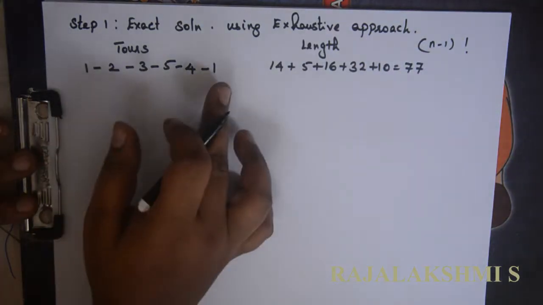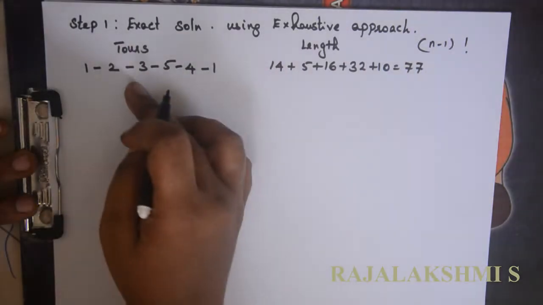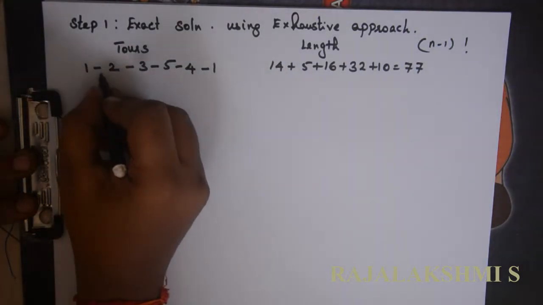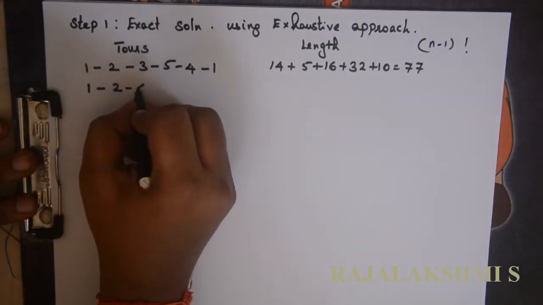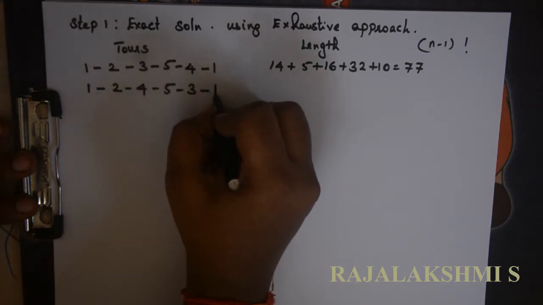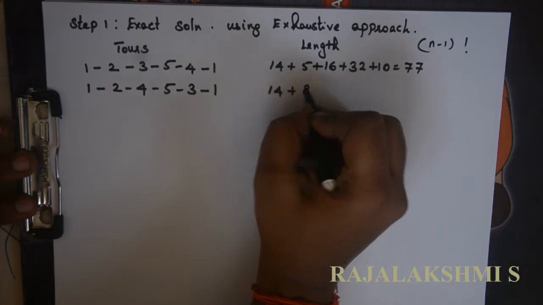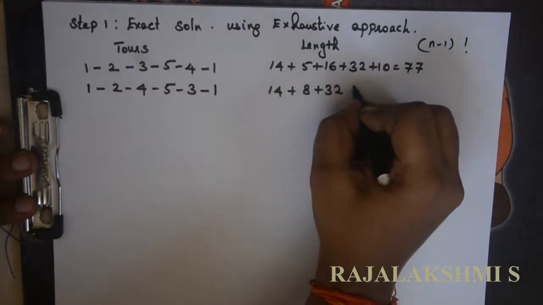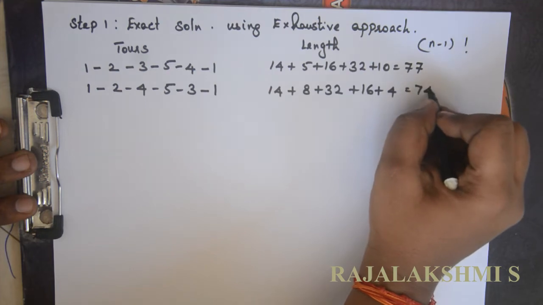In between starting and ending, we have to generate n minus 1 permutations of cities. This is one such permutation. The other permutation is 1 to 2, 2 to 4, 4 to 5, 5 to 3, 3 to 1, and the length is 14 plus 8 plus 32 plus 16 plus 4, which is equivalent to 74.